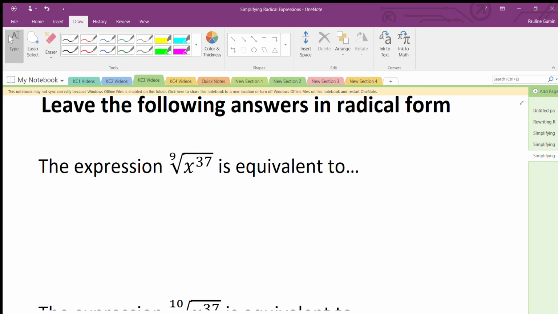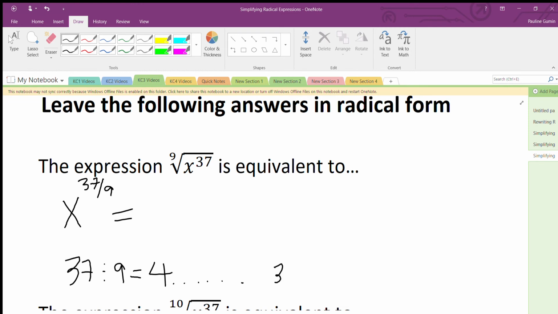Okay, so when we rewrite this as a rational exponent, we get x to the 37 over 9. Now, this is what that tells me. That tells me we're going to have to do 37 divided by 9. And that gives us 4 point something. Well, 9 times 4 is 36.